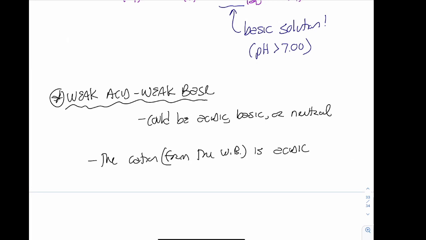It will react with water to produce hydronium ions. The anion from the weak acid is basic, right? It will react with water to produce hydroxide ions.